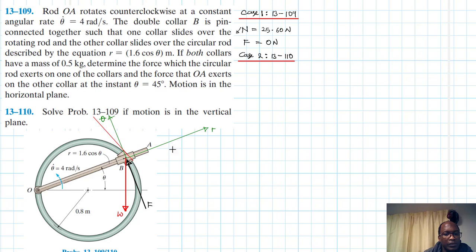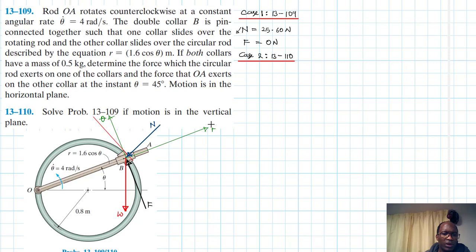So there we go, we have the normal force like so. This is our normal force, and it is N.